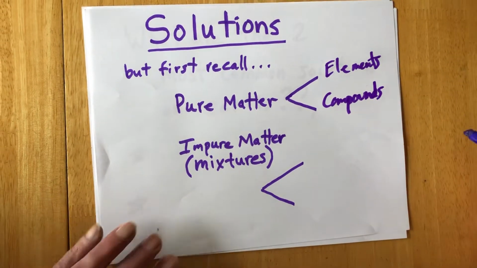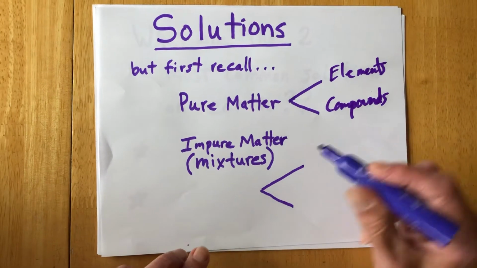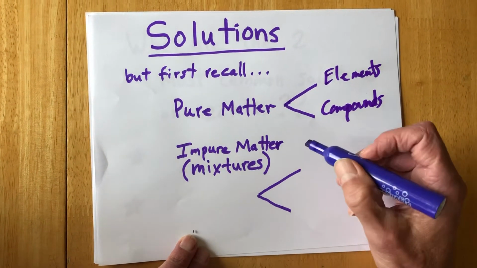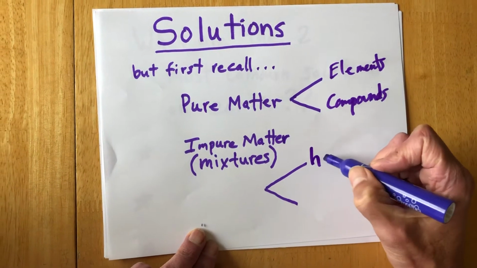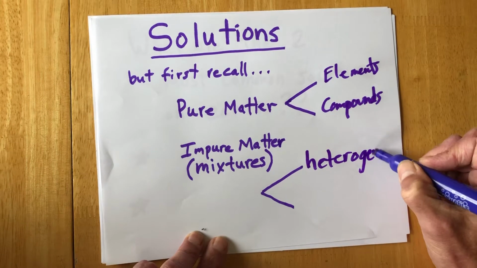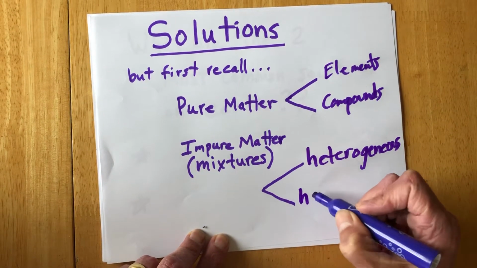You probably remember that. And then the impure matter would be what we call mixtures. And the mixtures would be heterogeneous mixtures and homogeneous.